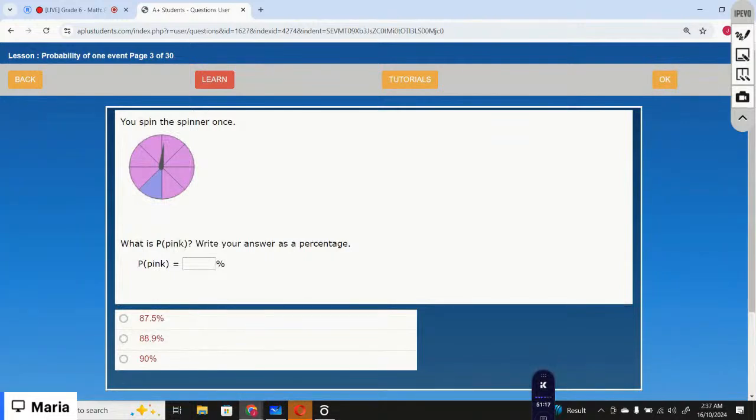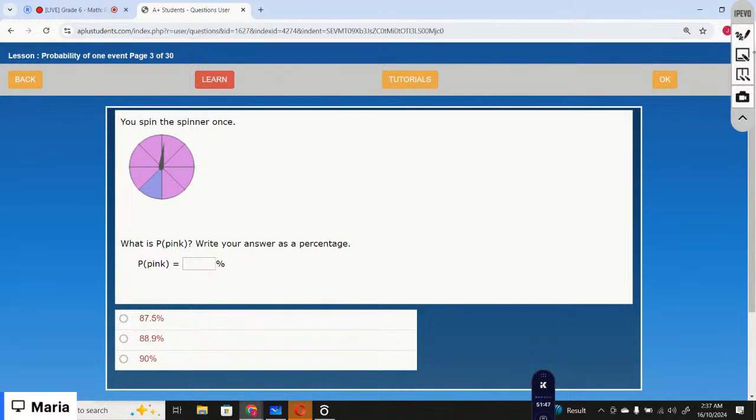You spin the spinner once. What is the probability of pink? So which is the correct option? You spin the spinner once. What is the probability of pink?